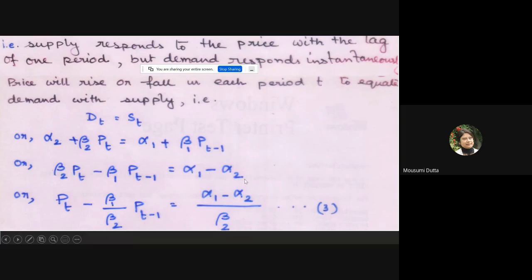The constant terms we are keeping to the right. Now, why are we proceeding in this way? Because we have to derive the time path of price using the first order difference equation framework, and therefore we need to find out the complementary function and the particular integral, etc.